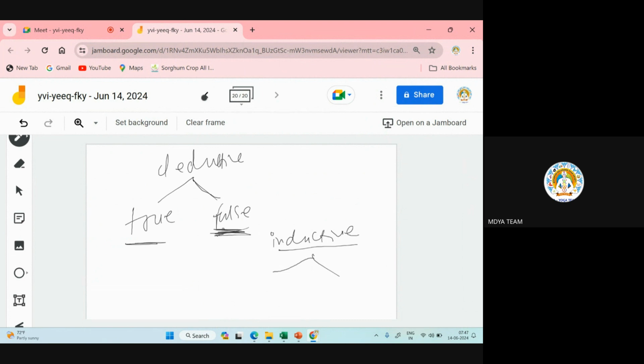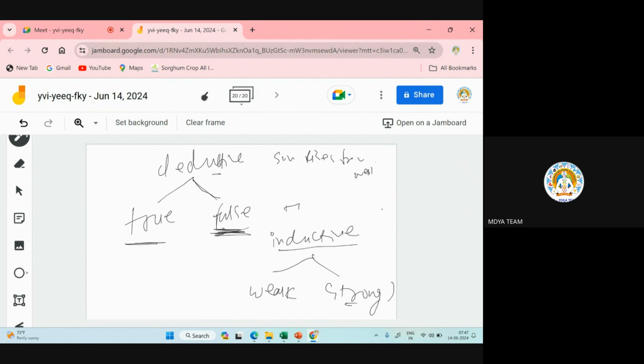So an inductive argument is based on two categories, weak or strong. Now, we can take an example of a deductive argument. The sun rises from the west, and this morning also the sun will rise from the west.